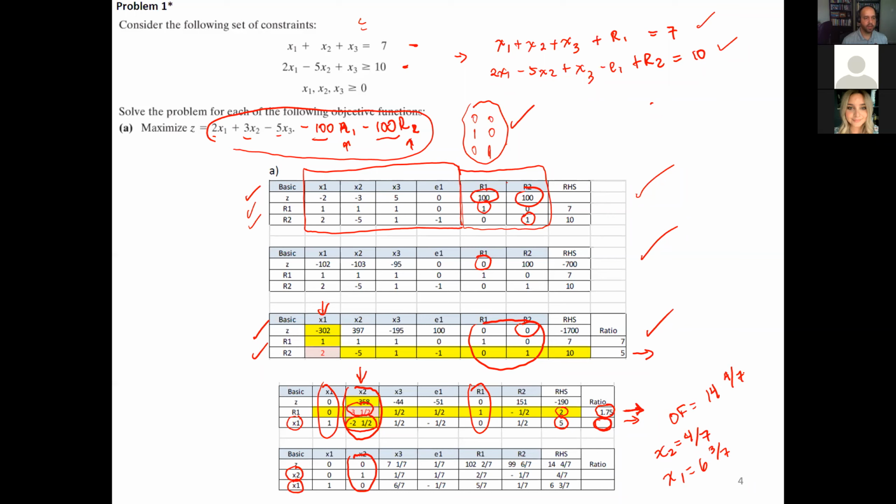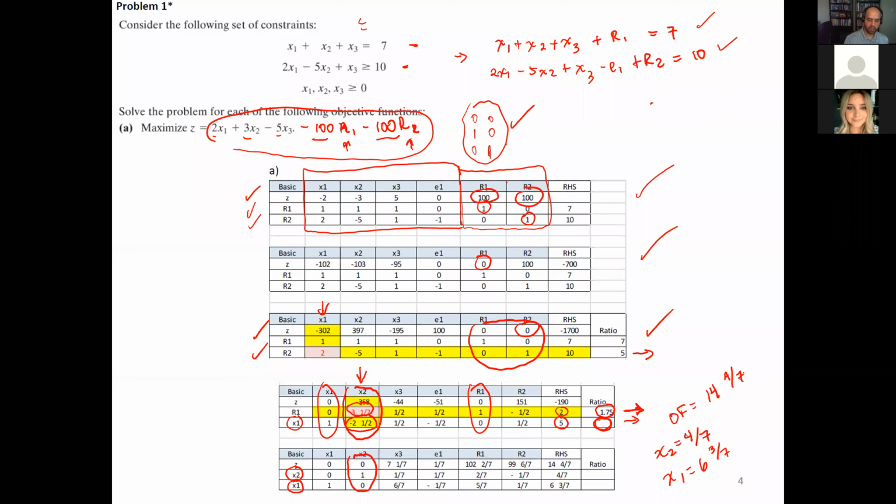So again, the most important part when you are applying the big M method or the two-phase method is that you know how to add these artificial variables, so you know where to place them so you can find an initial solution for your problem. And then after you set up the initial tableau, you make sure that for those artificial variables that you have selected as the initial solution, the columns reflect zeros and ones.